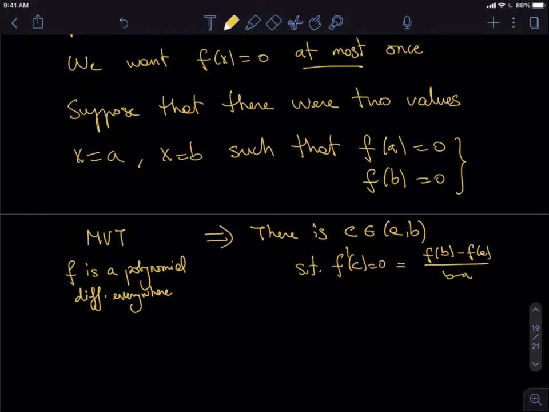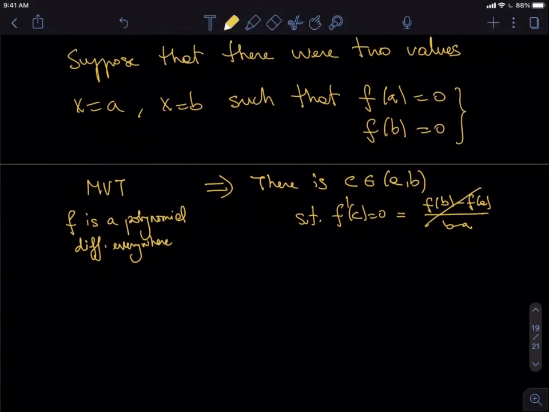Okay, and say, well, f of b minus f of a, these two are 0, this is 0. So what? Well, if there is some c such that f prime equals 0, so let's find it. Because we have a polynomial, f prime of c must be very easy to find, right?